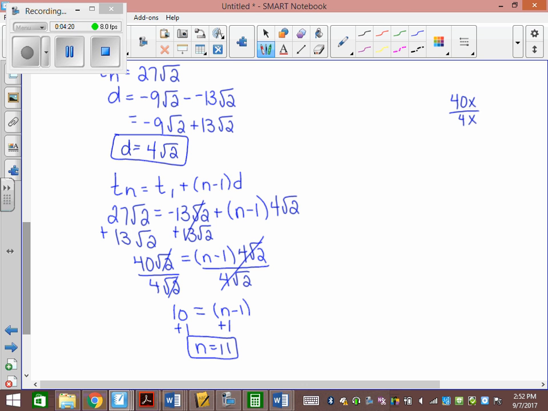So we're going to do S11 equals 11 divided by 2, times T1, which was negative 13 root 2, plus Tn, which was 27 root 2. So it's going to be 5.5. Negative 13 plus 27 is what?